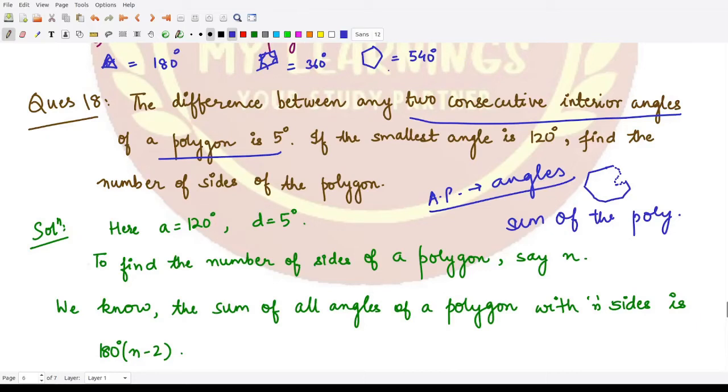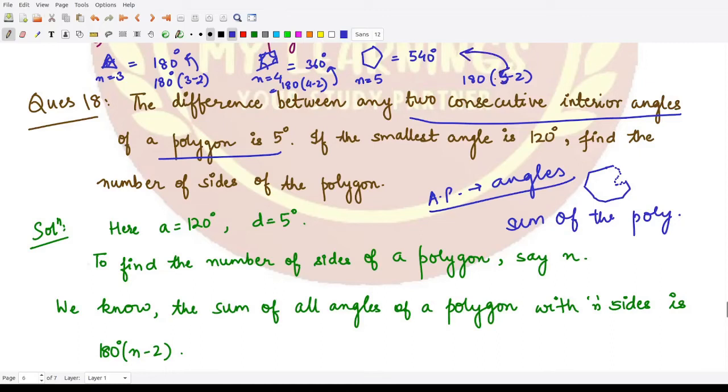So what is the formula for the sum of the angles of a polygon with n sides? Here n is equal to 3 for a triangle, 4 for a quadrilateral, and 5 for a pentagon. If we apply the formula 180 into 3 minus 2, we have 180 as the answer. 180 into 4 minus 2 gives 360, and 180 into 5 minus 2 gives 540.